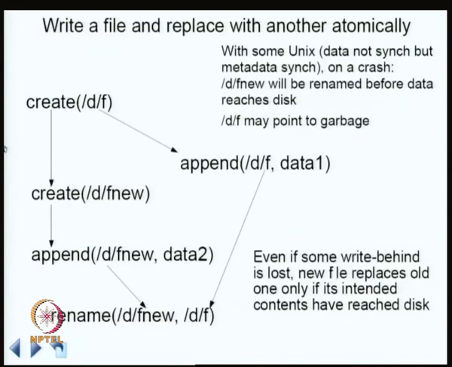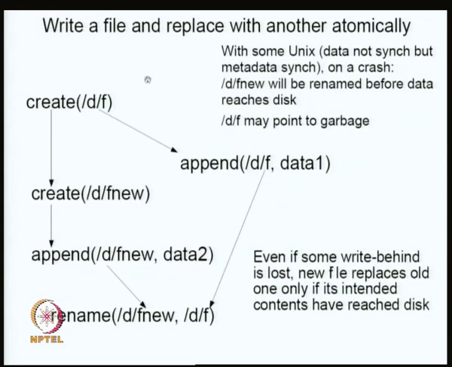Now let's consider one important idiom that is widely used: write a file and replace it with another atomically. Why is this so critical? Because all of us use editors. In editing, you are working on a particular file F, and you update it. Once the update is completed, you want to replace the old file with the new file atomically.